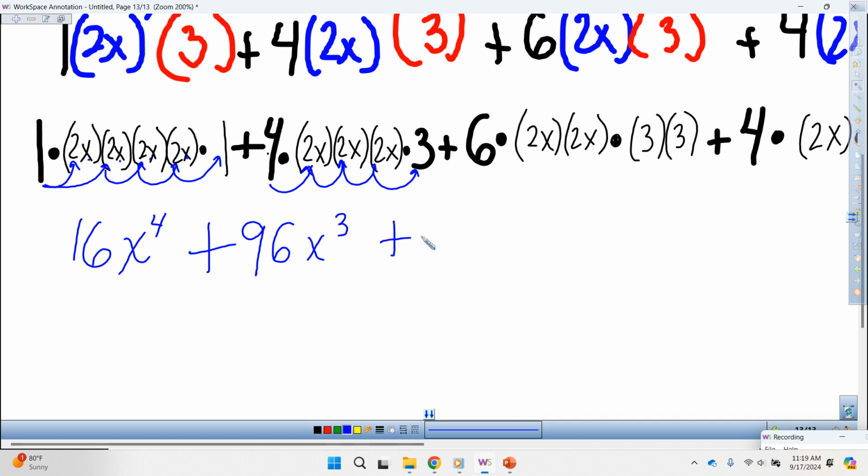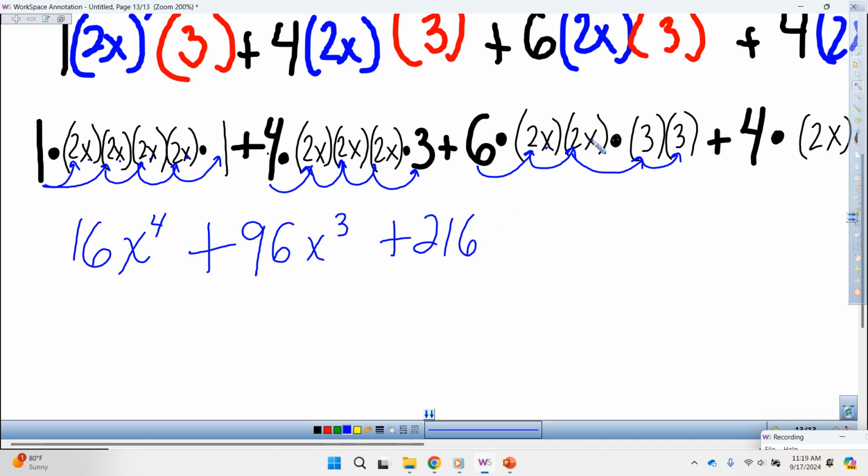Plus, what is 6 times 2? 12 times 2, 24. So now, check this out. Let's do 24 times 3. 72 times 3. 216.